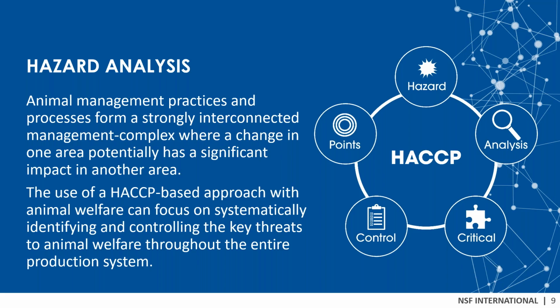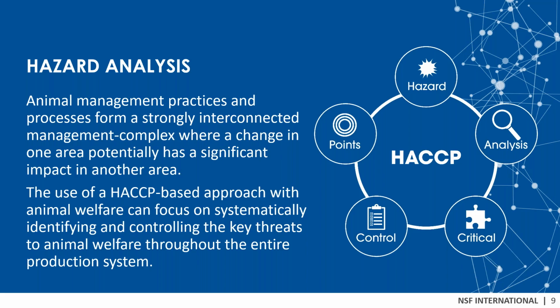So when you make a change in one area, it can have a very significant impact in another area. And being aware of that and understanding that connection will help an operation identify how best to manage those areas and not negatively impact another related area.